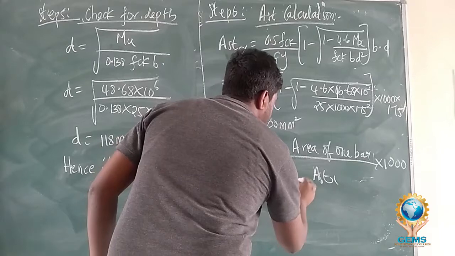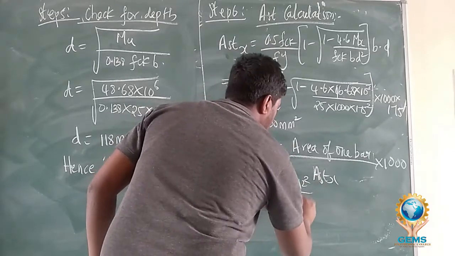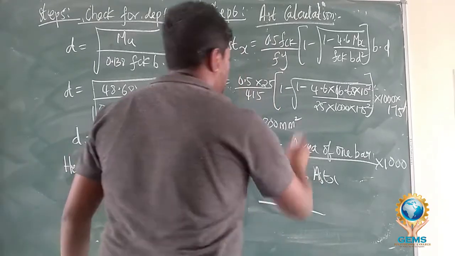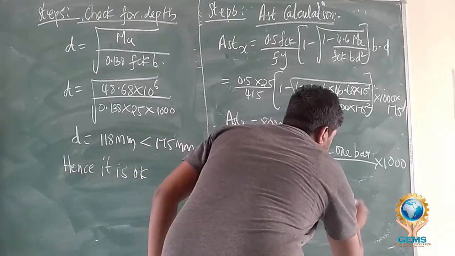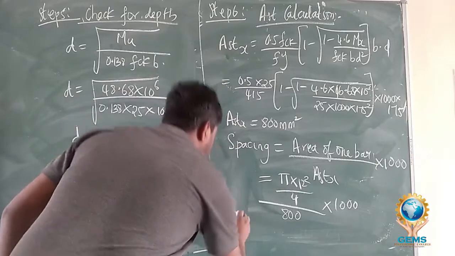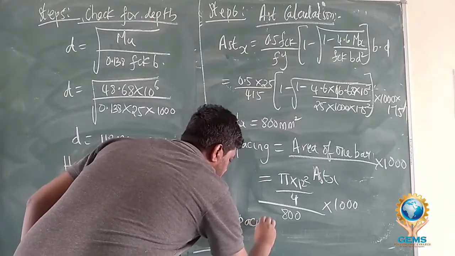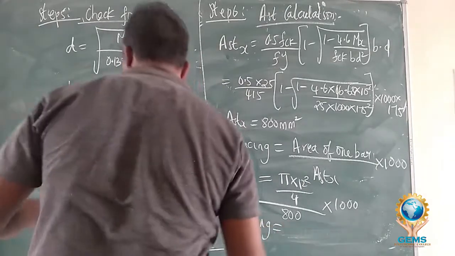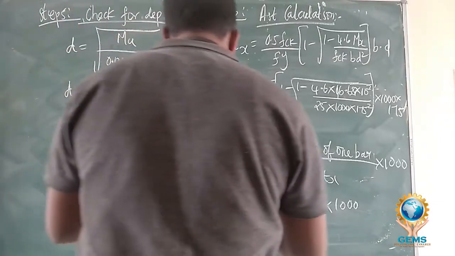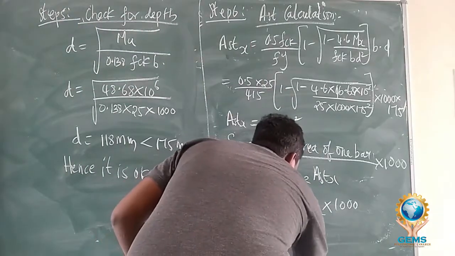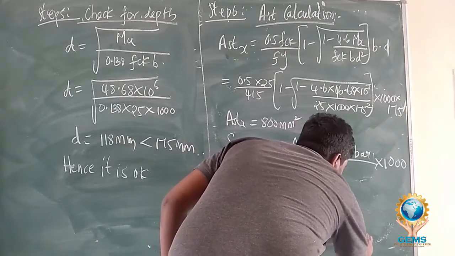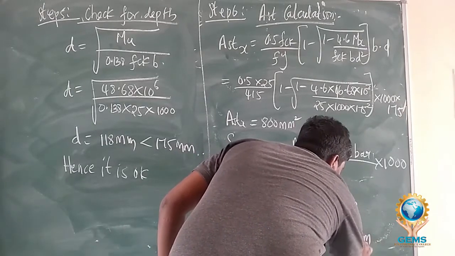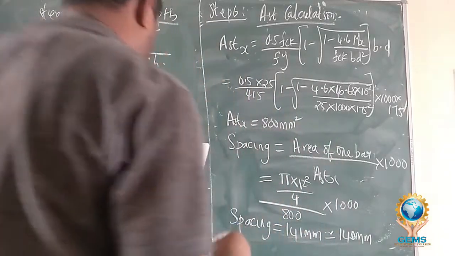Pi into 12 square by 4, divided by 800 into 1000. So the spacing of steel in x direction will be 141 mm. You can take it as 140 mm.